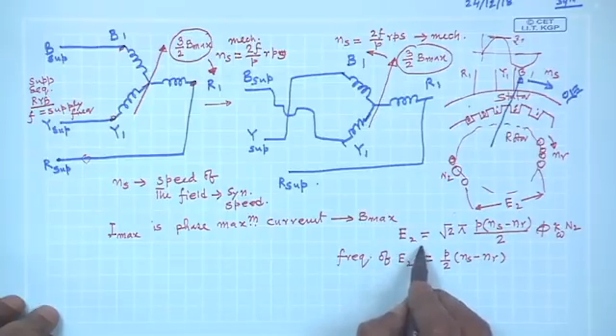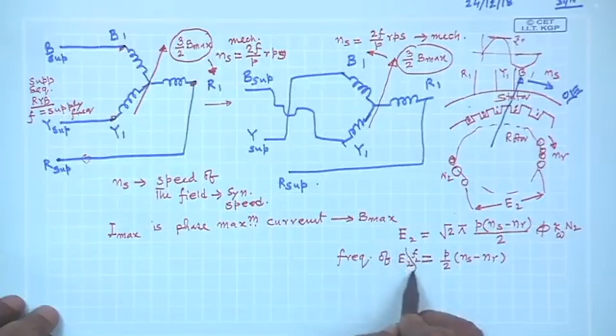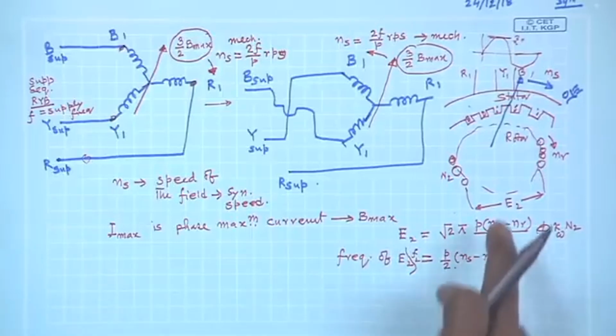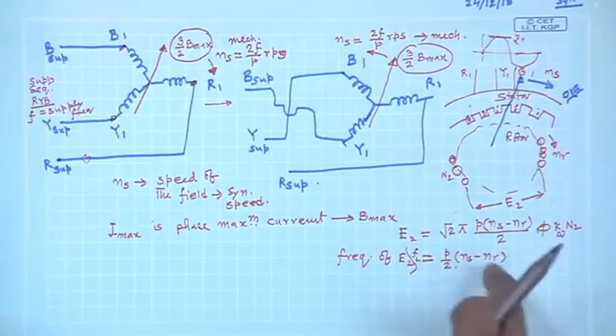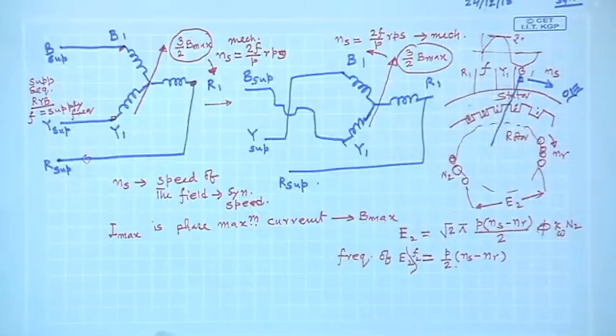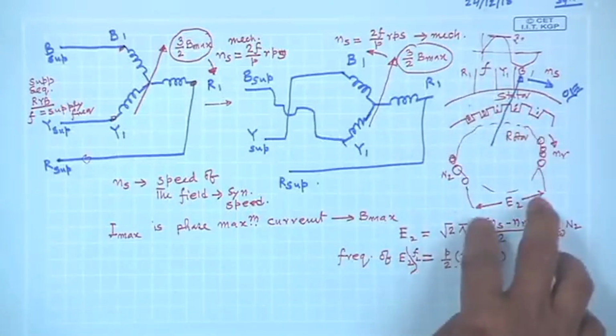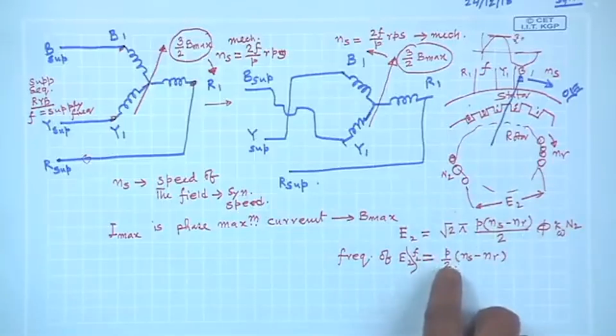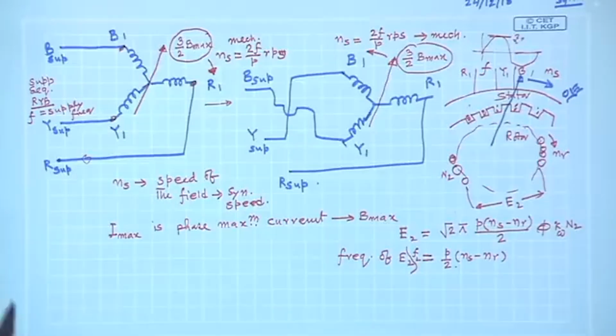Frequency of E2, that is say F2, is equal to P by 2 into Ns minus Nr. So, the frequency of the voltage will be this one. Therefore, we see that your supply frequency was F, but the frequency of the induced voltage in this coil will be P by 2 into Ns minus Nr.